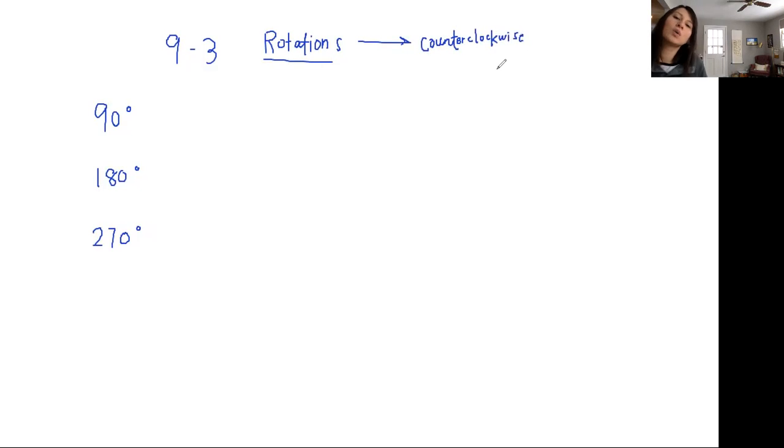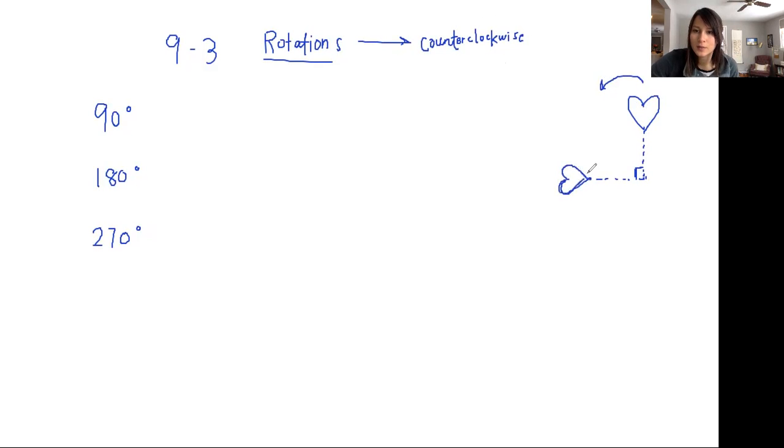Okay, so for example, if I had an image that was right here, and I want to rotate this 90 degrees, that means this image is going to go through a counterclockwise 90-degree rotation, and counterclockwise goes this direction. And so when I draw this image, it would probably be right here.